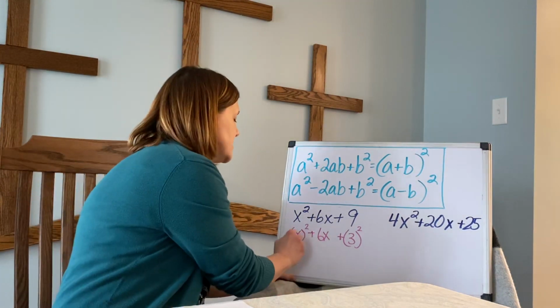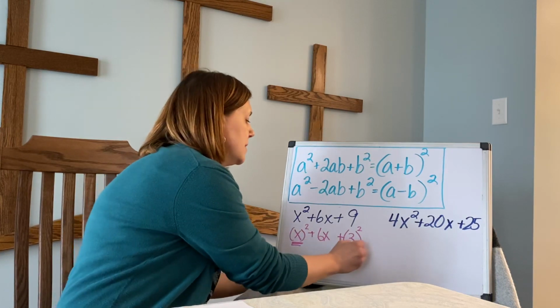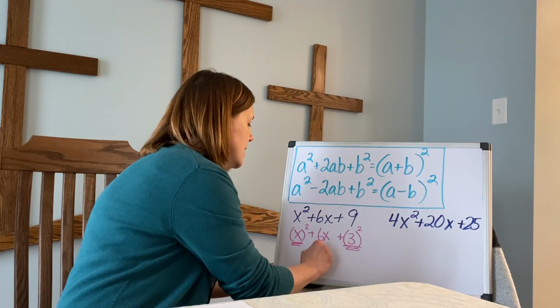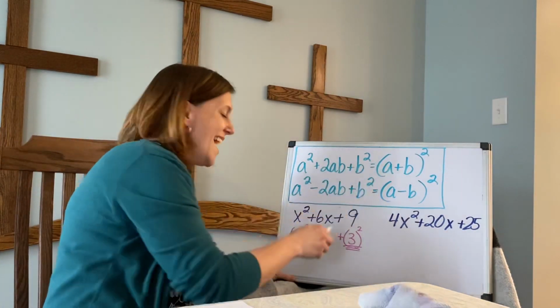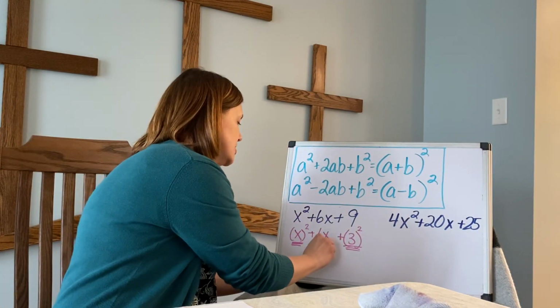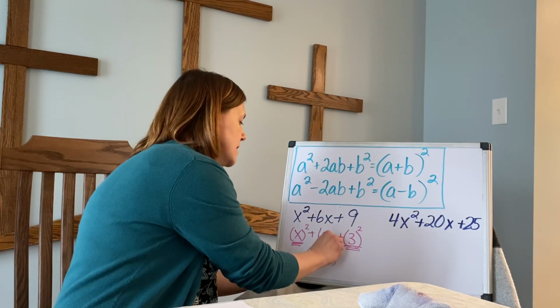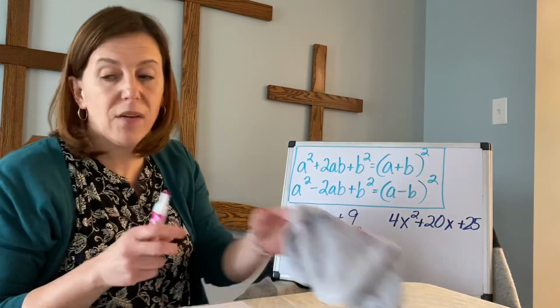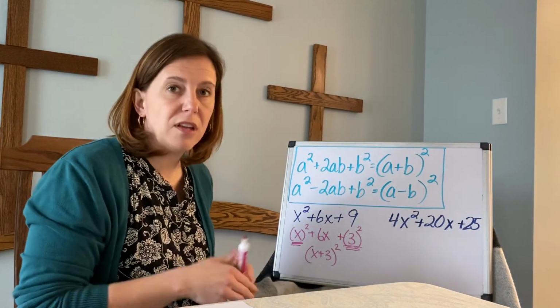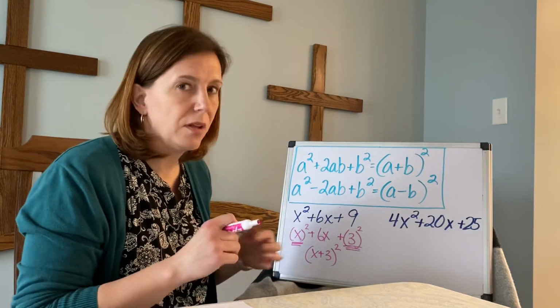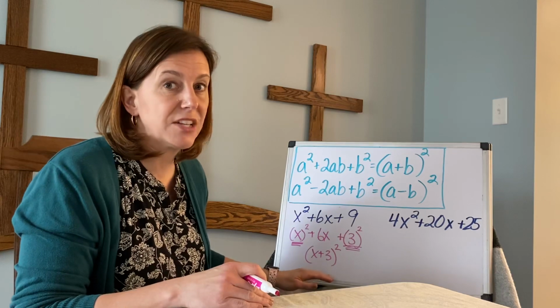So I know that's my A plus my B. Oops, I'm writing it literally instead of thinking about my problem. x plus 3 quantity squared. Now again, if you weren't feeling comfortable with the pattern and you solved this using your x form, you would have gotten the same exact answer.